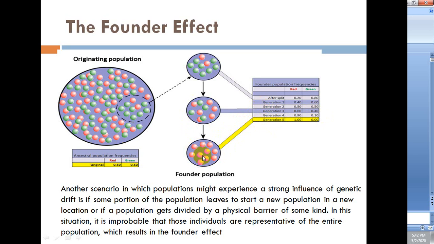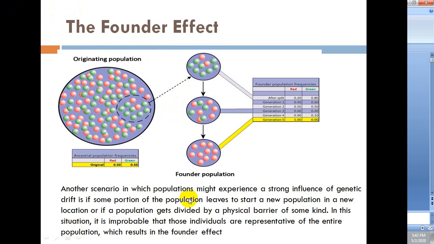That means the allele is fixed now, so all the individuals in this population contain the allele, and this green allele is eliminated from the population.